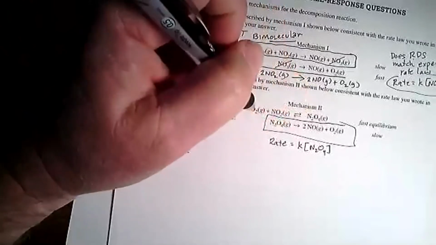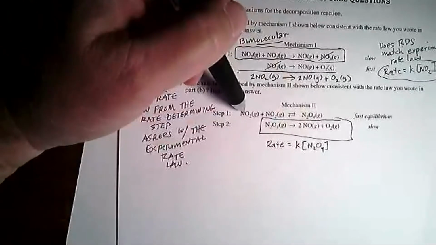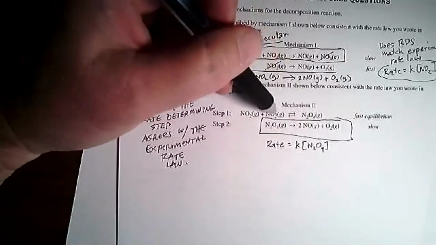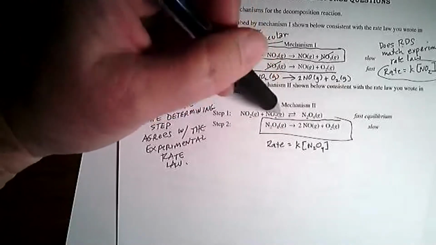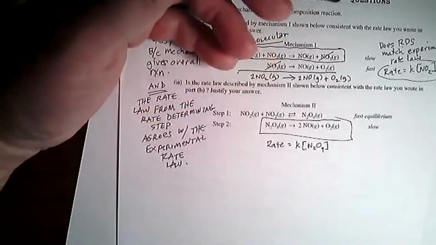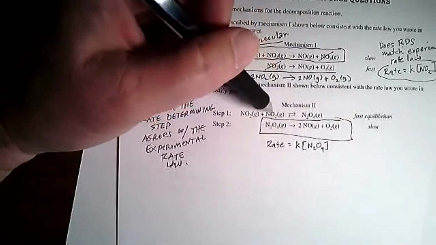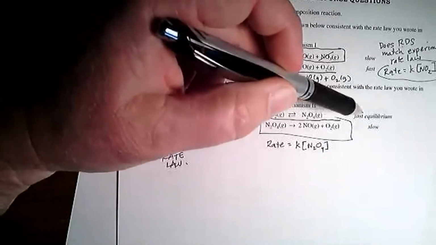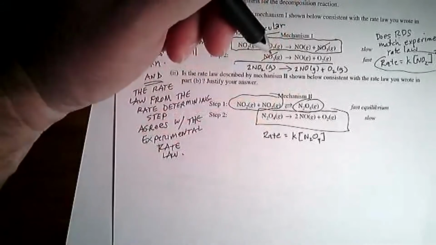But if you think of it in a different way, look at the fast step that occurs just above this. Well, this reaction goes back and forth. It's an equilibrium situation that is achieved very quickly. It says fast equilibrium, which essentially means that you could say that one of these is equal to 2 of those.